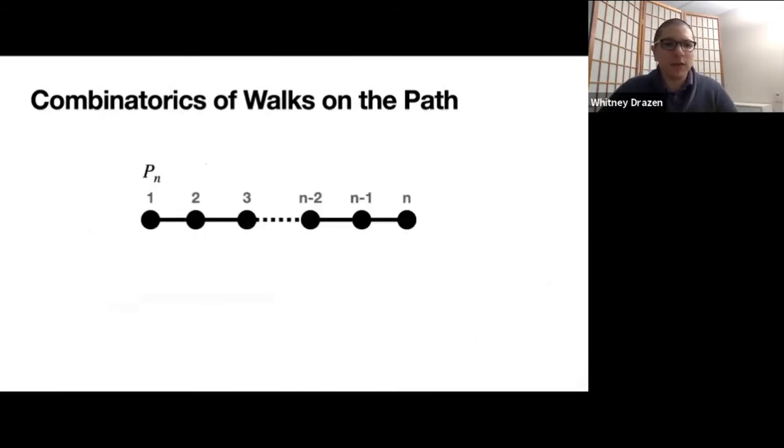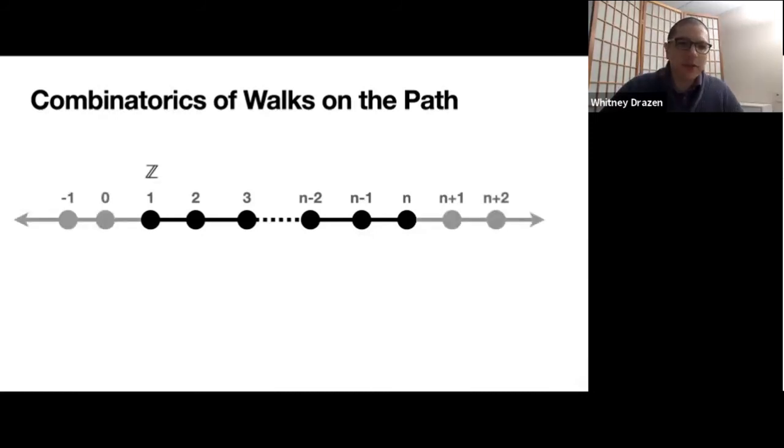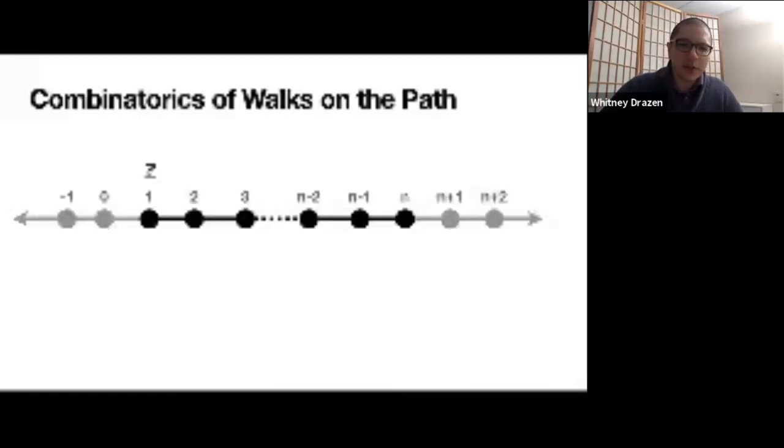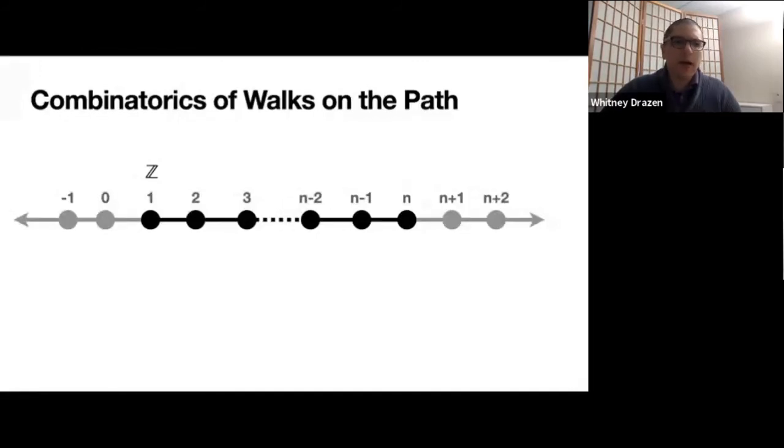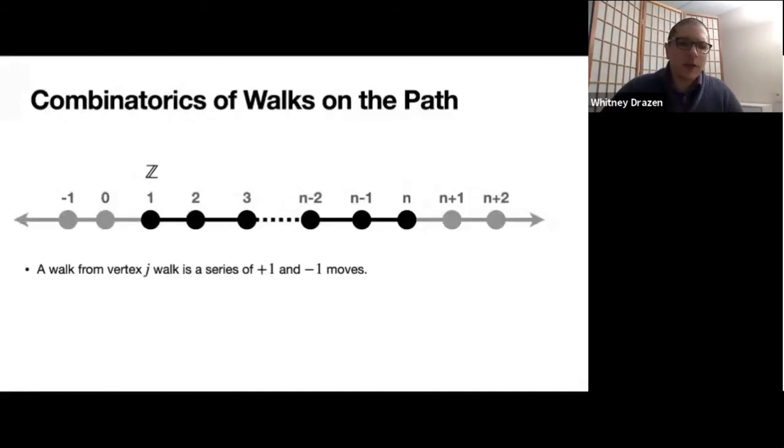Okay, so to analyze the combinatorics of walks on the path, first we're going to look at walks on a one-dimensional lattice. A walk from a vertex j is just a series of plus and minus 1 moves.